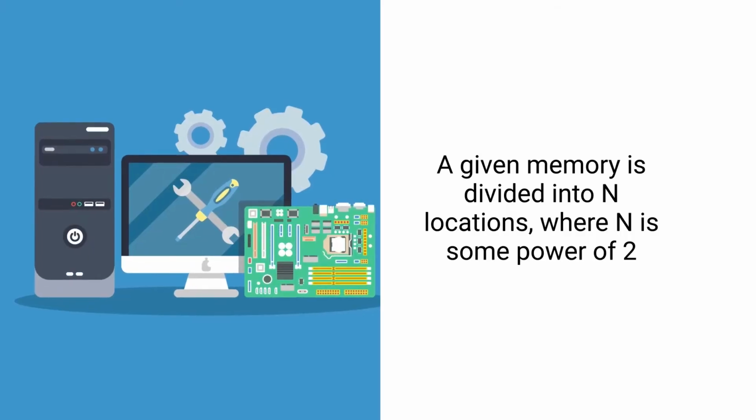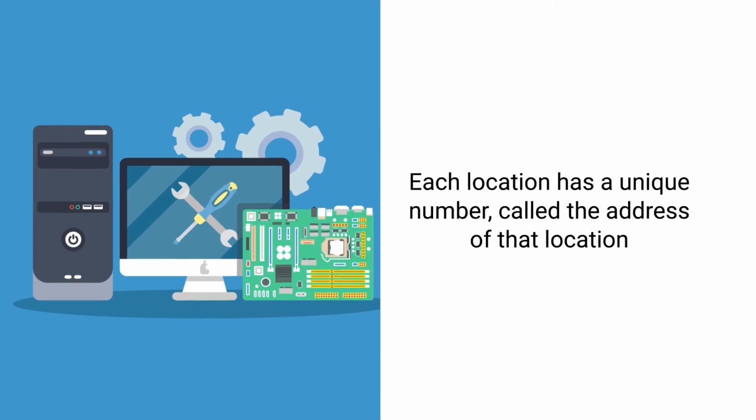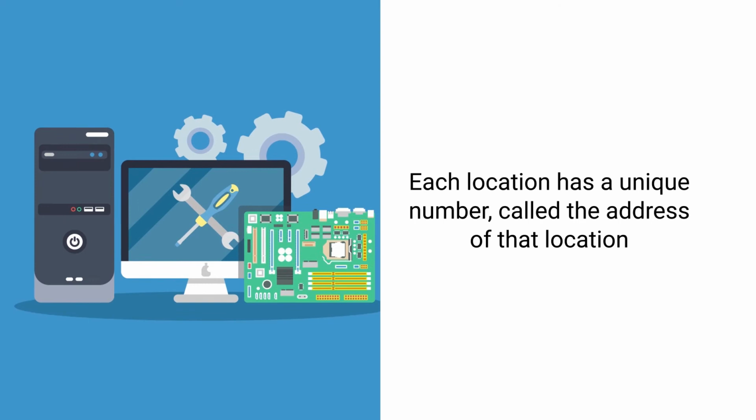Any given memory that we are considering is divided into a number of locations. If the number of locations is n, then it must be some power of 2. Each location has a unique number, which we call the address of that location, and through that address we can access the information directly.